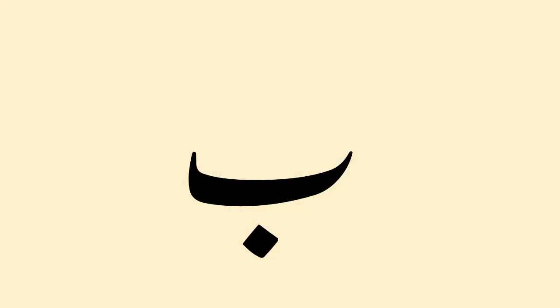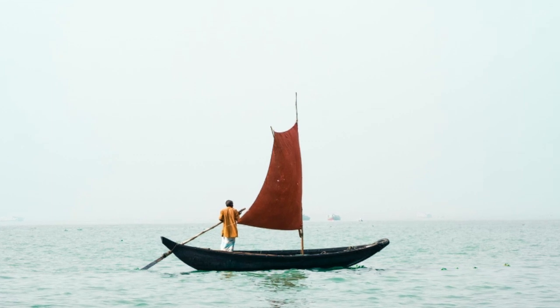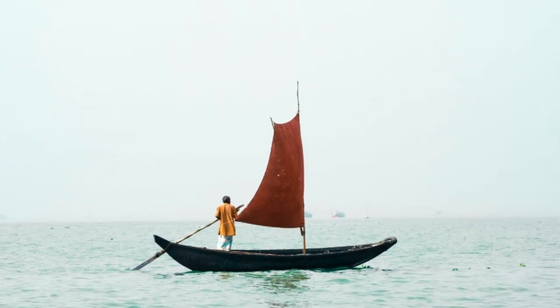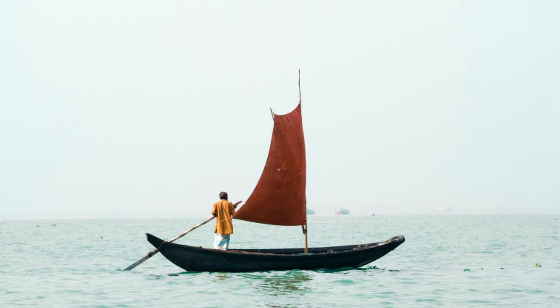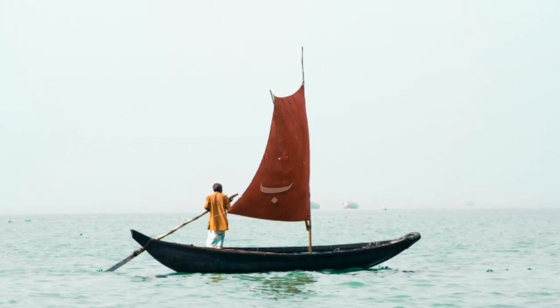Okay, look at this letter of the Urdu alphabet. It's not the first letter of the Urdu alphabet, but we are going to learn this one first. Now, before I tell you the name of this letter, look at this picture. What do you see? Yes, it's a boat. Now, look at the shape of the boat. Watch it really carefully. Now, let's go back to that letter.